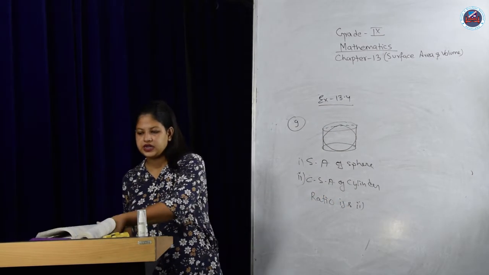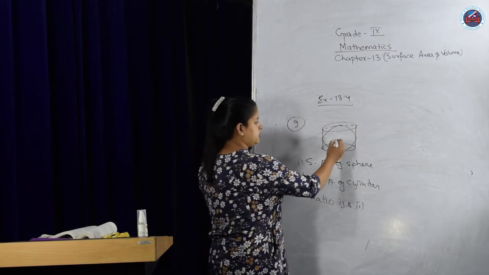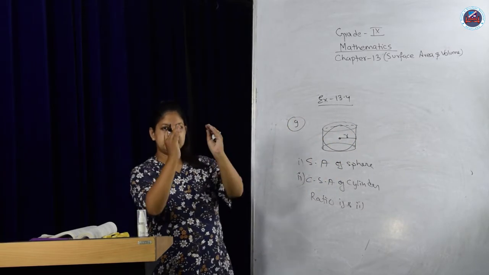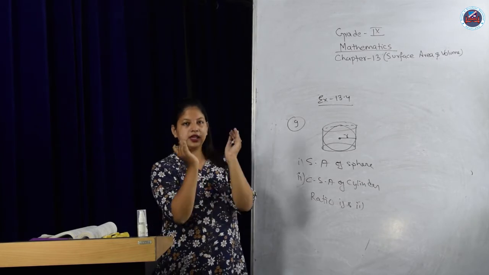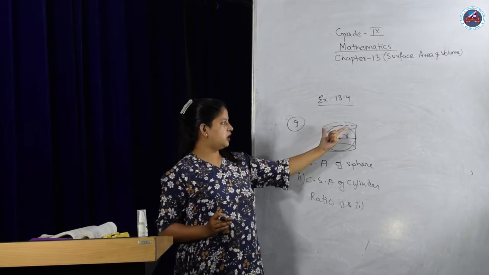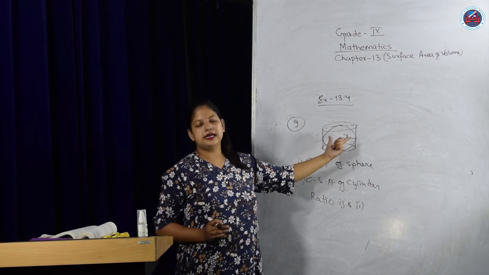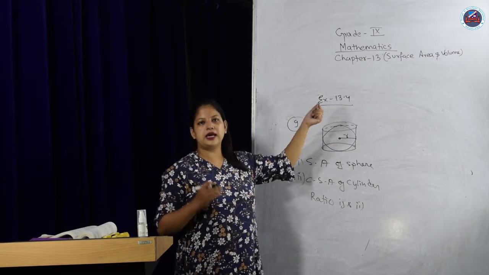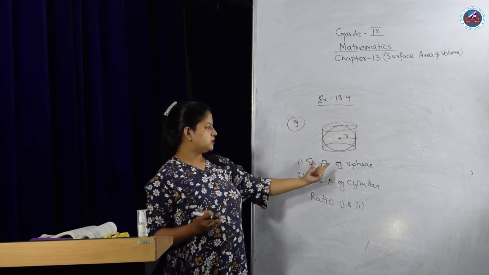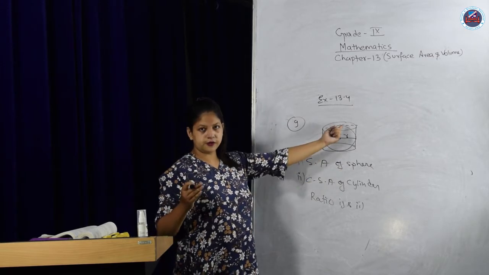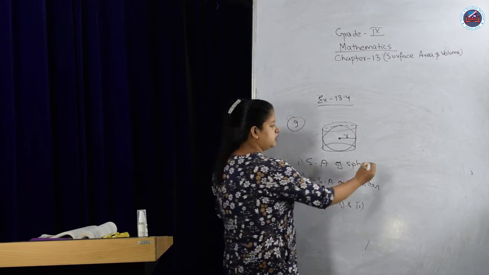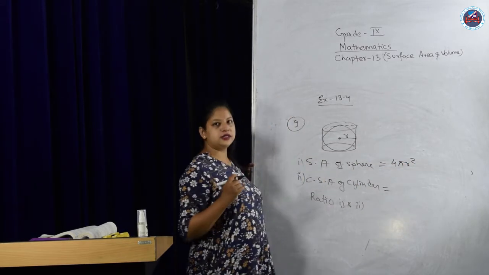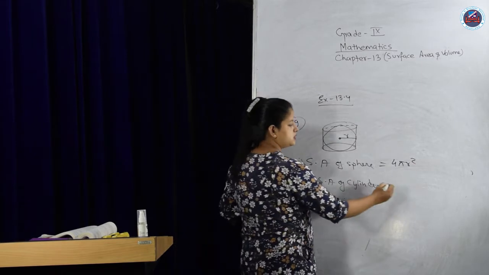Simple. It is clearly said this sphere is of radius r and it is exactly fitting in cylinder. Then obviously diameter of cylinder and diameter of sphere is equal. So radius of cylinder also has to be r. Okay. So surface area of sphere in terms of r, we have formula directly 4 pi r square. CSA of cylinder, we have formula 2 pi r h.